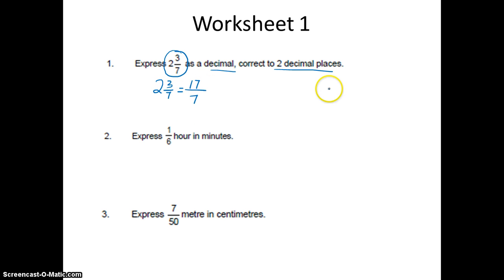So 17/7, then we have to divide 17 by 7. 2 times 7 is 14. We put a decimal point. And so we will have 4 times 7 is 28. Bring down another 0. 2 times 7 is 14.